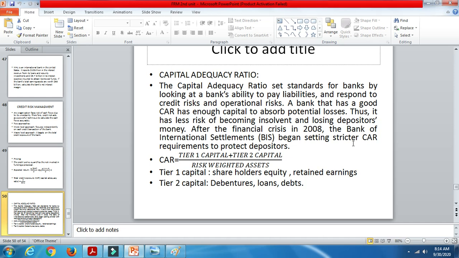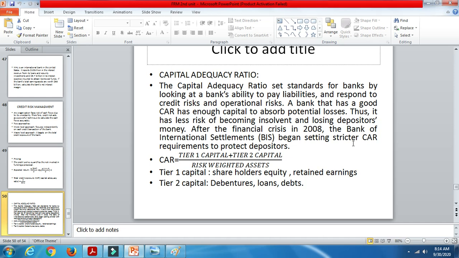The ideal capital adequacy ratio is 8% of their assets. If it is 8% of their assets, it is said to be good enough to absorb potential losses. Otherwise it has a risk of becoming insolvent and losing depositors' money.